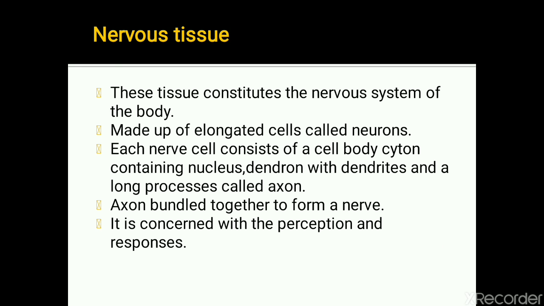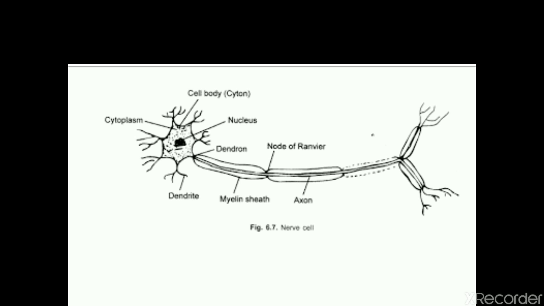These axons bundle together and form a nerve, and these nerves run all over our body and give us perception, and we are able to give responses to the various stimuli. This is the diagram of a nerve cell.